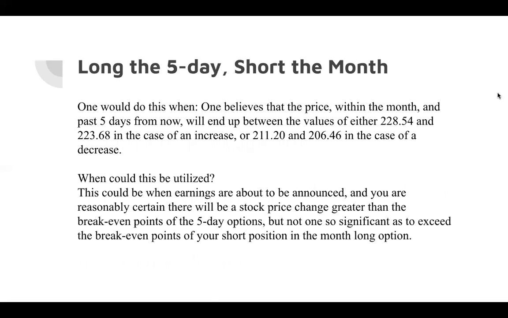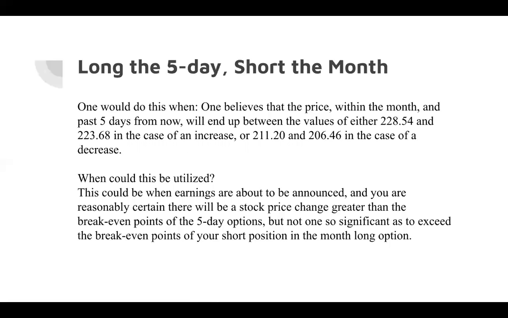Now, working with this info, something we can do is we can long the 5-day position and then we can short the month long, right? So what that'll give us is essentially a payoff structure where we will acquire a gain if the price has varied more after the 5 days than we would have expected, but varied less after the month than we would have expected.